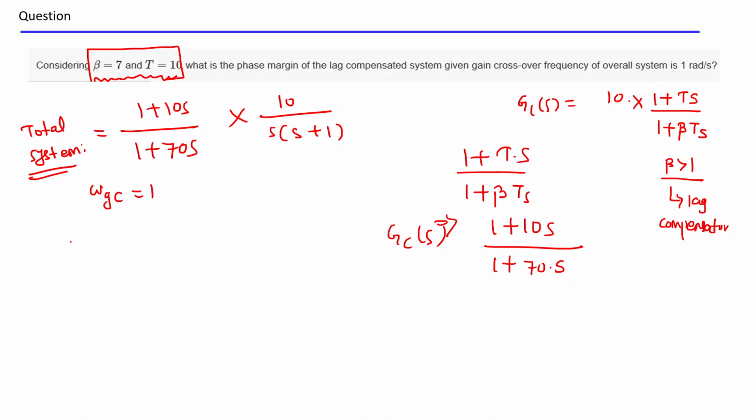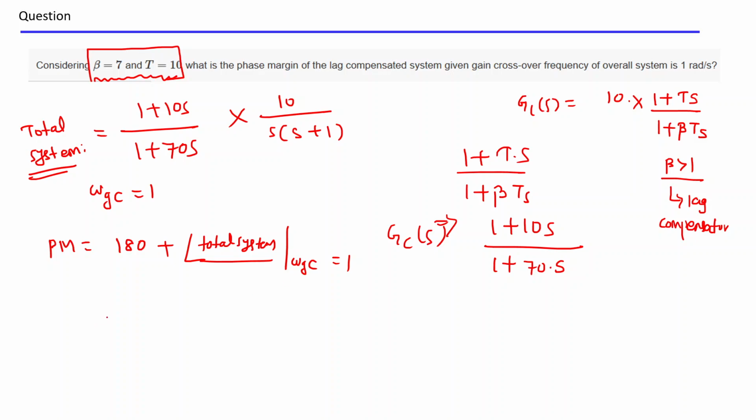To find omega gc, you take the magnitude of the system and set it equal to 1. Phase margin is 180 degrees plus the angle of the total system at omega gc, and omega gc is 1.